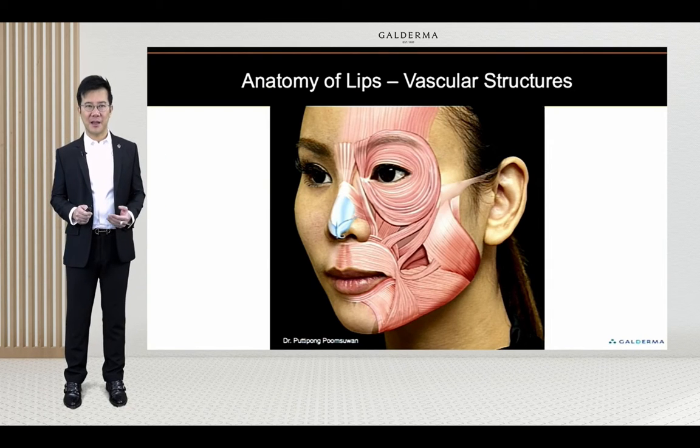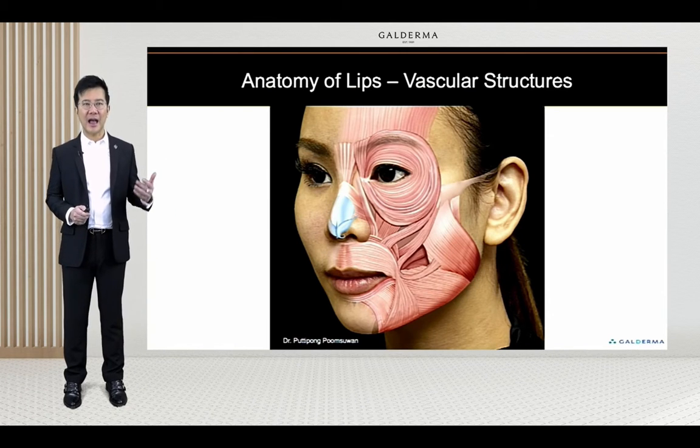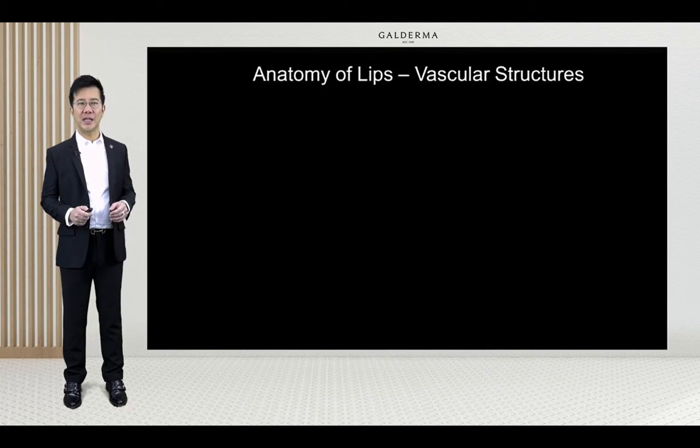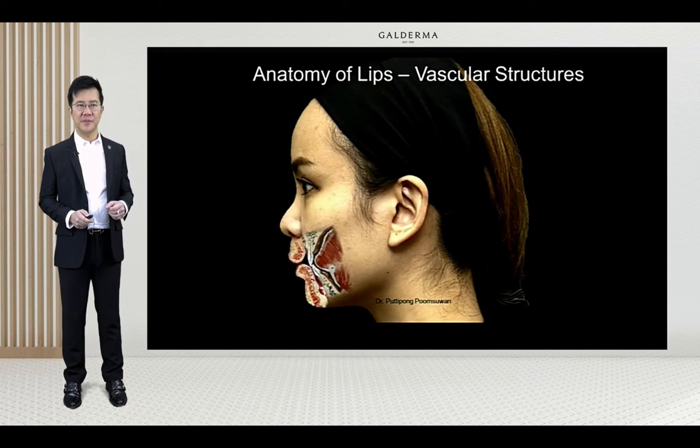Regarding vascular supply, the superior labial artery and inferior labial artery are the main arterial supply of the upper and lower lips respectively. Let's have a look at the sagittal view of the lips.